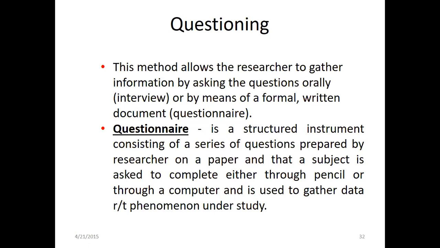So a questionnaire, which is normally a written form, is just a structured instrument with a series of questions prepared by the researcher, to be completed either by pencil, by computer, anyways. That's a question which you all know.